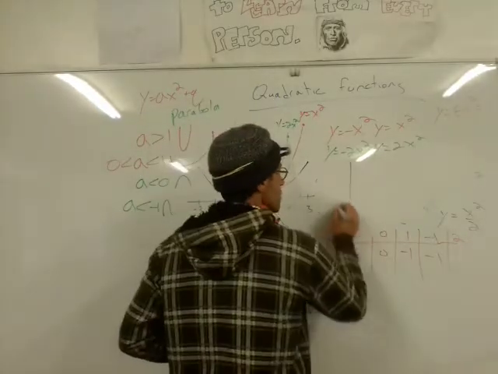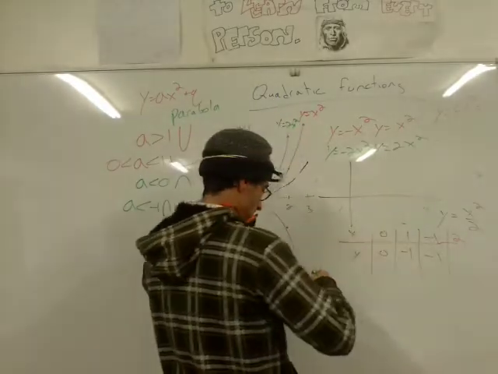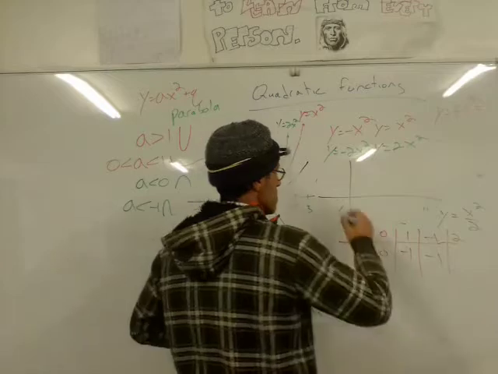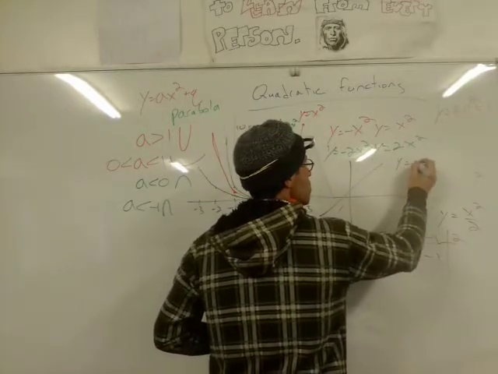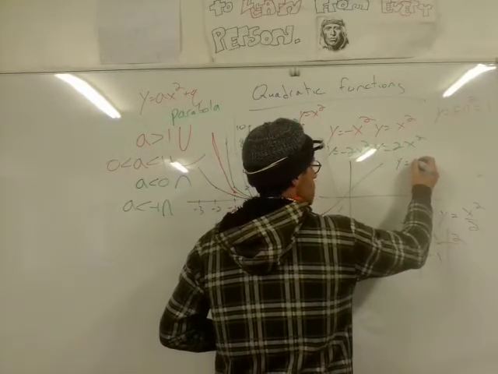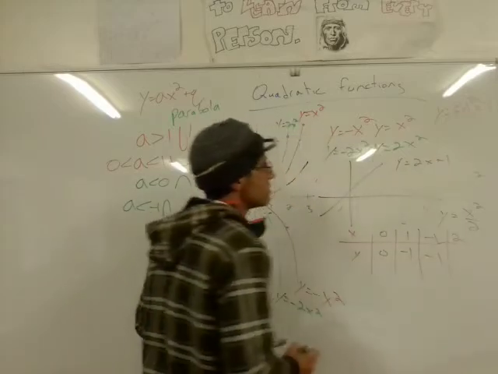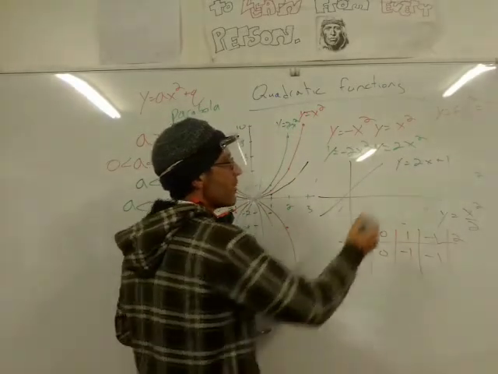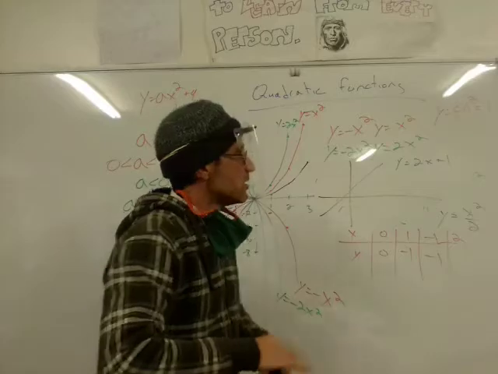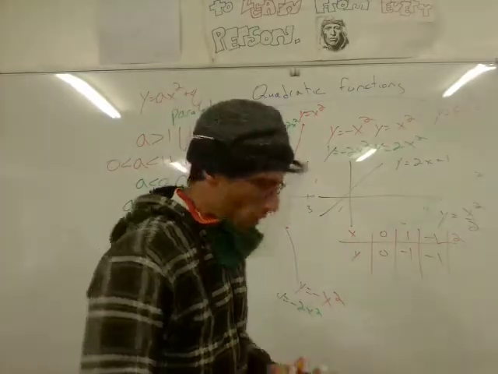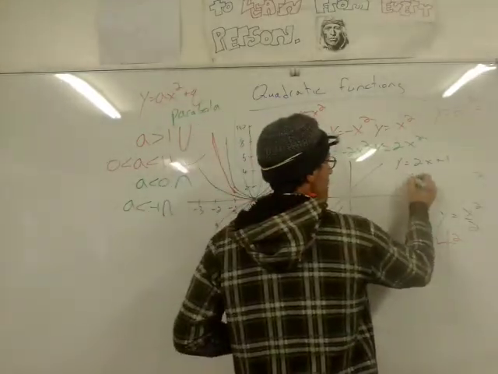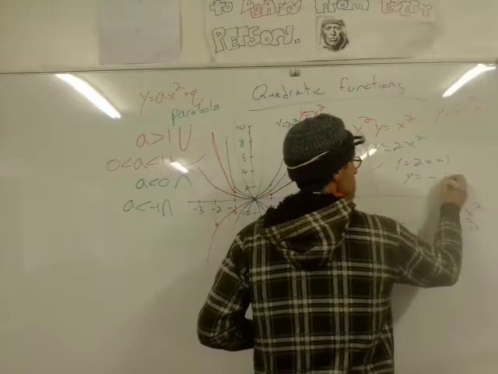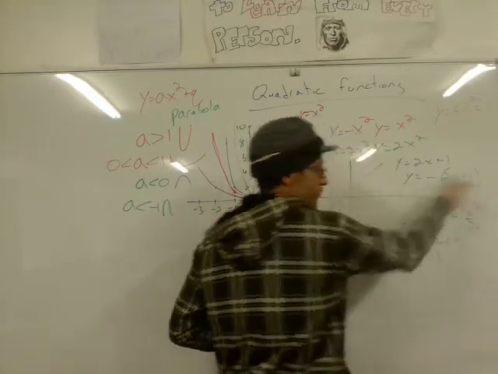If I have y equals 2x plus 1, and I put a minus in front of the whole thing, then I have to put brackets.